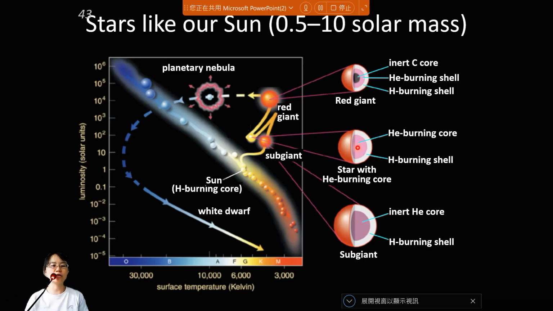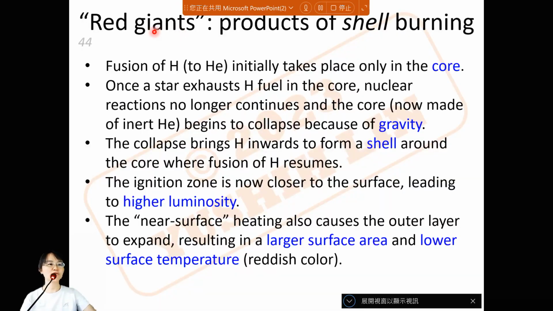Helium burning is no longer in the core, but in a shell, while hydrogen is also burning at the outermost part of the sun. So it has a multi-layer structure now. And when this happens, it will become a red giant. Why is that? Red giants are products of shell burning.